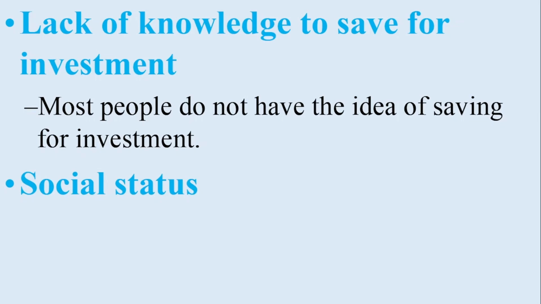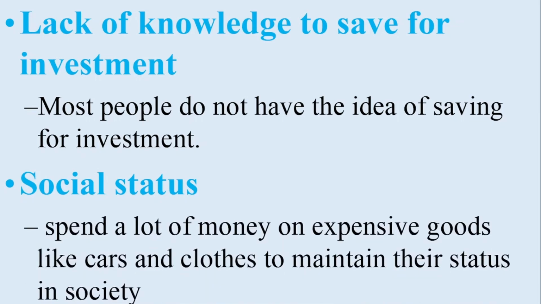The other point is social status. We have this status that everyone knows us by, and we want to spend money so that people see that we still have the same status as they saw us maybe two or three years ago. We also want to maintain the status that our neighbors know us by. We want to use expensive things, expensive clothes, so that we maintain that status in society.